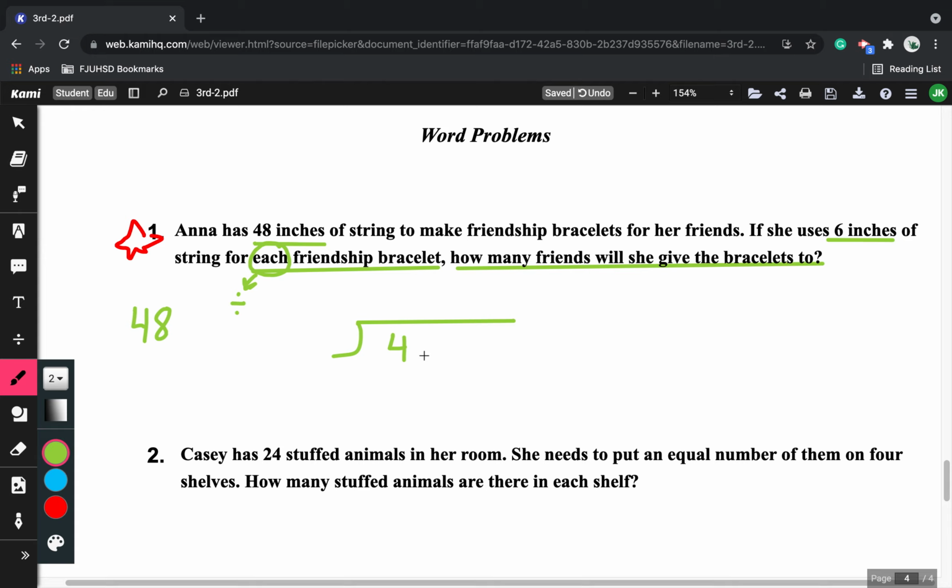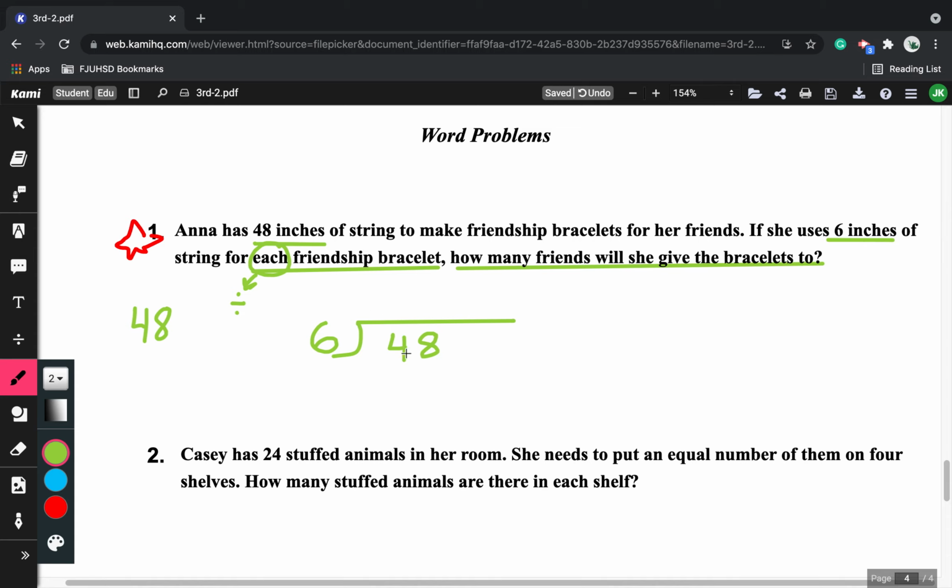Anyways, so we put 48 inside the divisor and 6 on the outside. Since there's only one place value on the outside, we start right there. If it's a different number, like 16, we will start here. Yeah, and so on. Okay, so how many times can 6 go into 4?